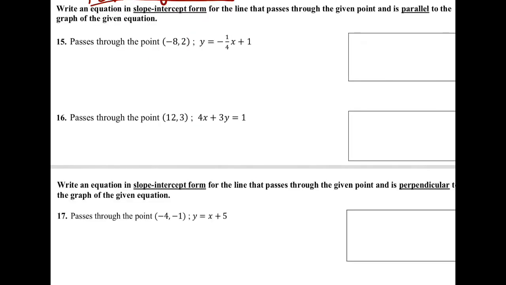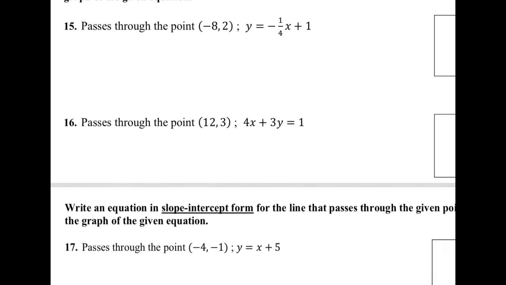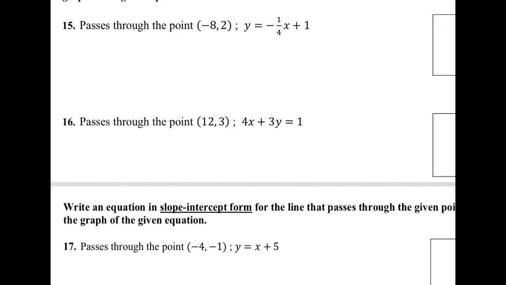Okay, I zoomed out just a little bit here just so that you can see that this section of problems, 15 and 16, these are dealing with slope-intercept form through a point parallel to the graph, and the next two problems will be slope-intercept form perpendicular to the graph. So I've got to pass through a point, and so I need a slope.